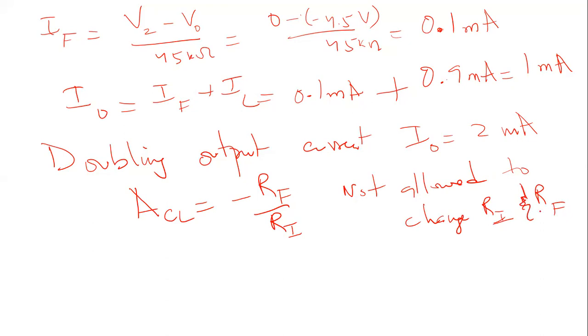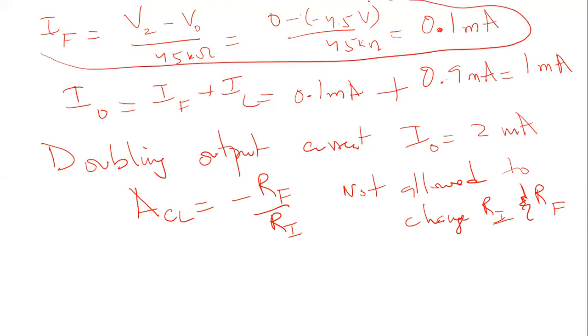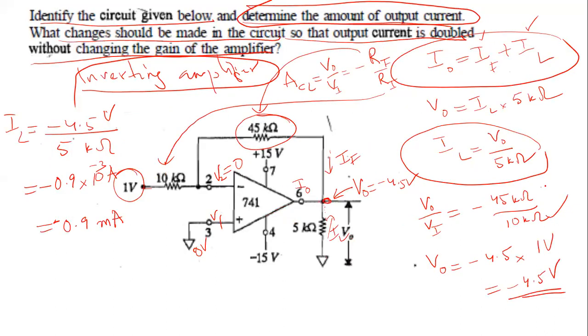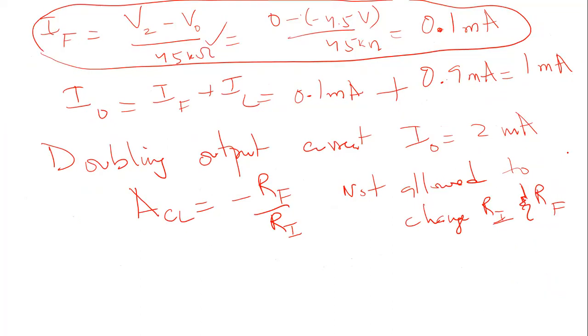If you are not allowed to change your RI and RF value, that means your IF value cannot be changed. So you are not allowed to change the 45 kilo ohm nor the 10 kilo ohm input resistance there. RF and RI must be fixed, or your IF is fixed. Your IF has to be 0.1 milliampere.